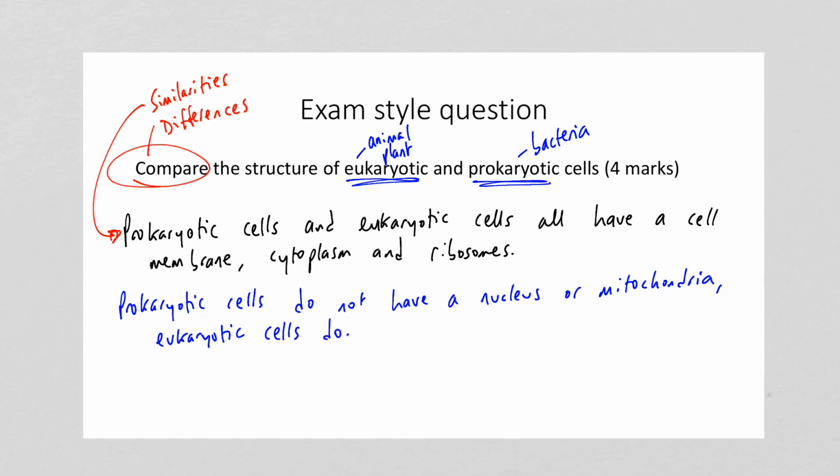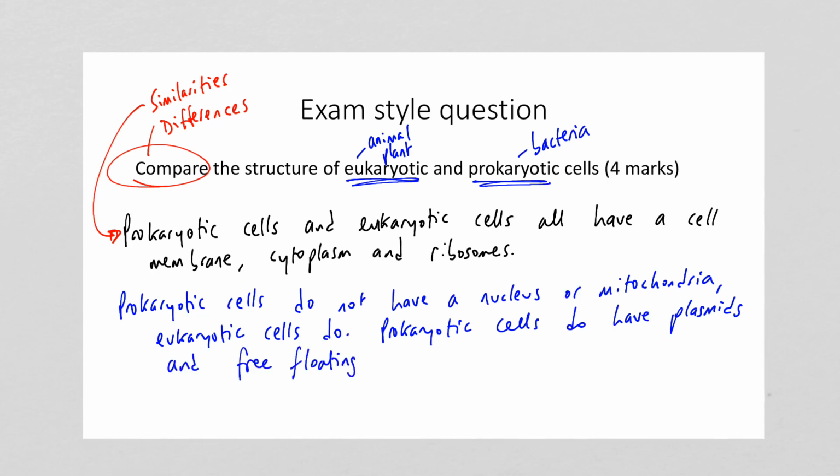We could even add in, if we were a little bit worried, prokaryotic cells do have plasmids and free-floating DNA, while eukaryotes do not.